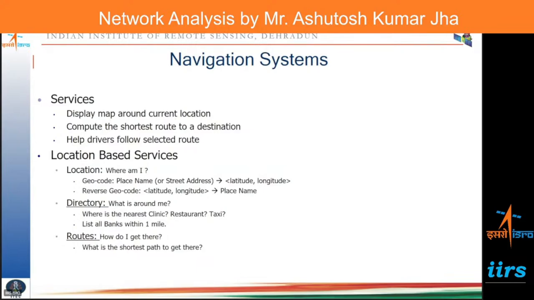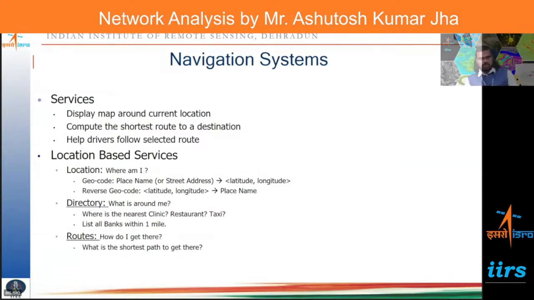So we should be able to see those. Then it should also show the shortest path from any one destination. Most of the time we are interested in finding the shortest distance from the user's current location to some destination.